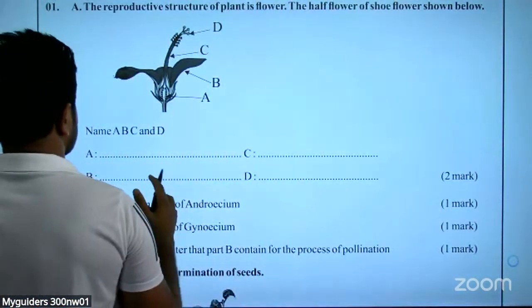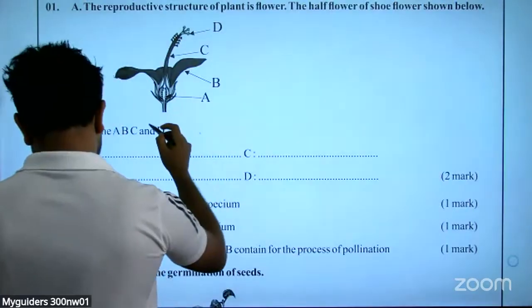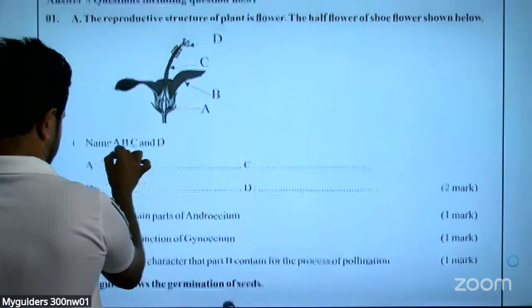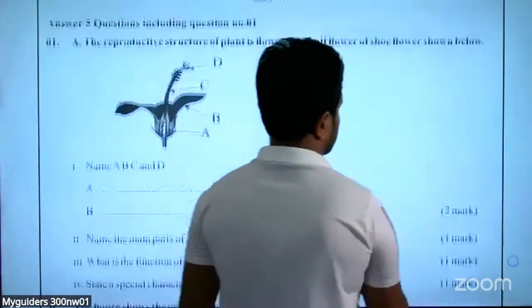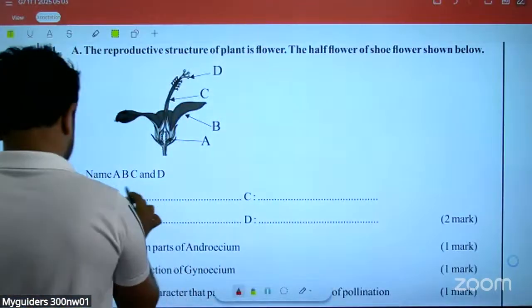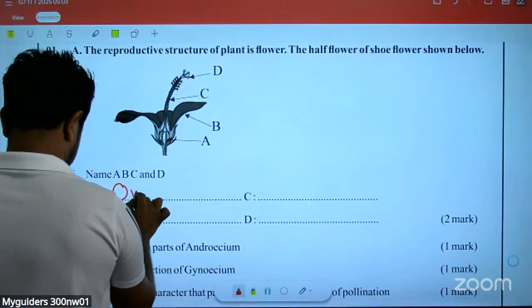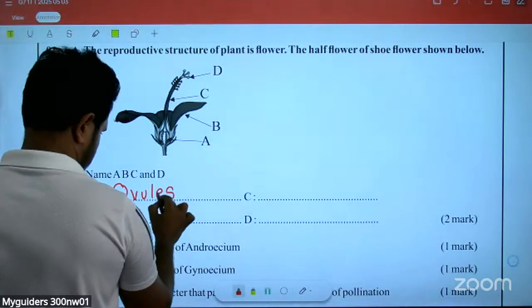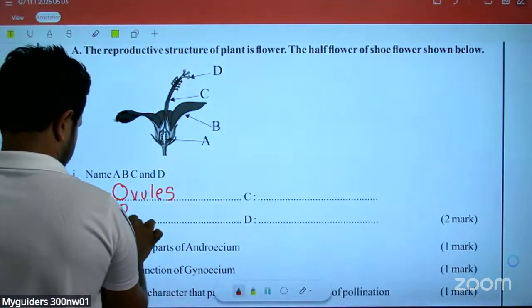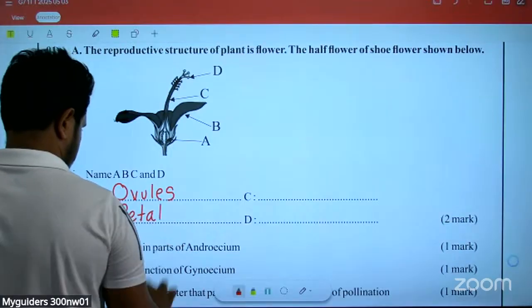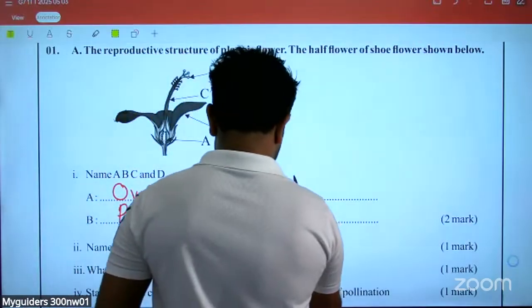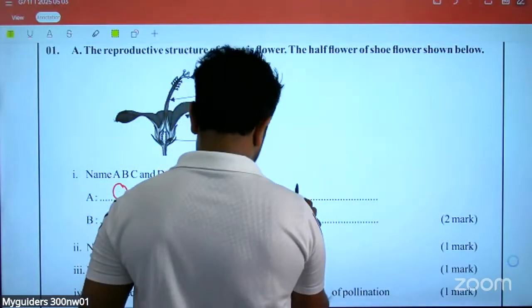A means ovules. B means petal. C means stamen, right?